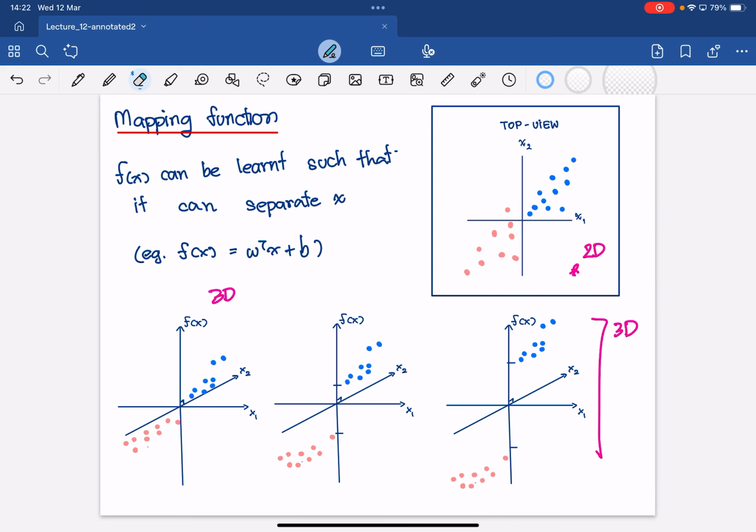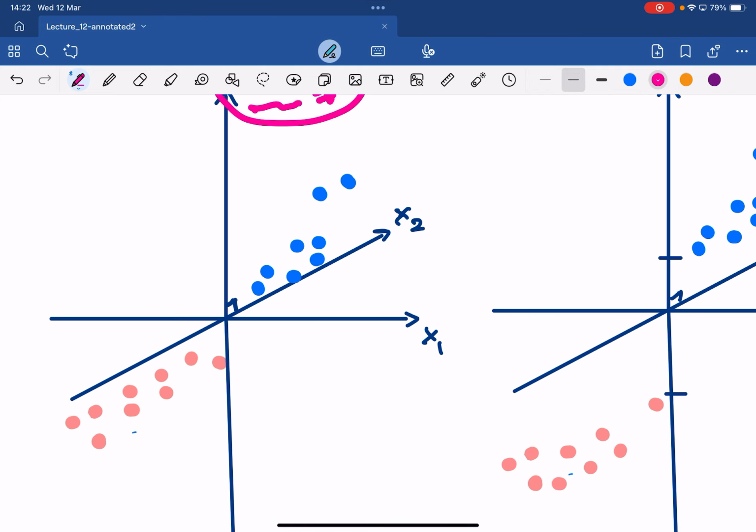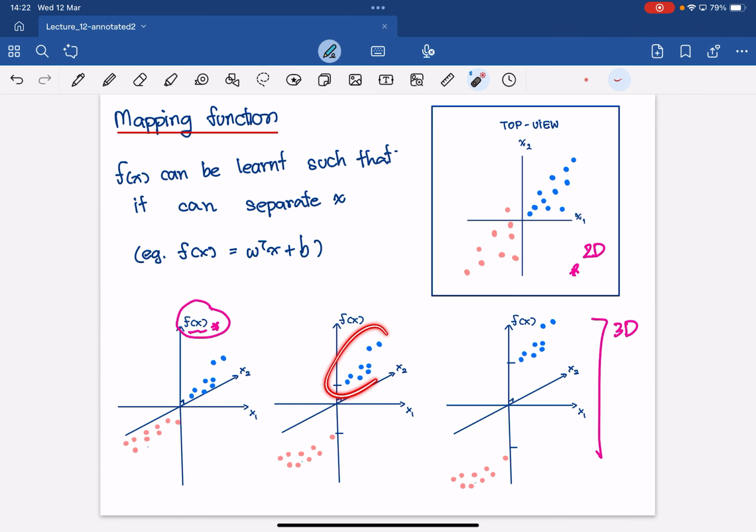But it depends on how you want f(x) to be, like what the parameters of this f(x) are going to be. If the parameters are not good, probably the mapping will return points that are still close to one another. But if you map well, you should be able to separate those points far away from one another.